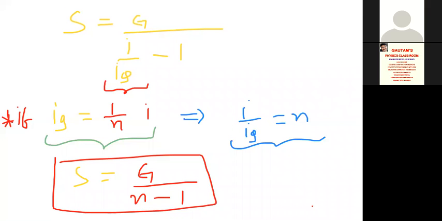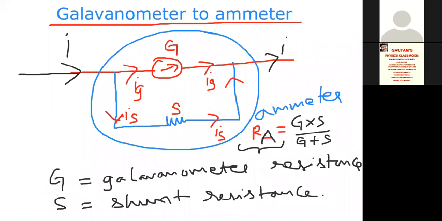So what have we discussed? First we started our journey with the galvanometer. We connected a small resistance parallel to the galvanometer. A galvanometer is an instrument to measure small current.